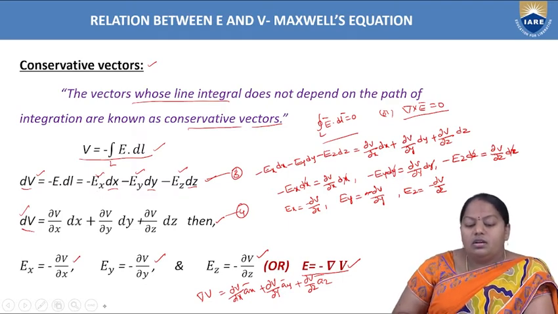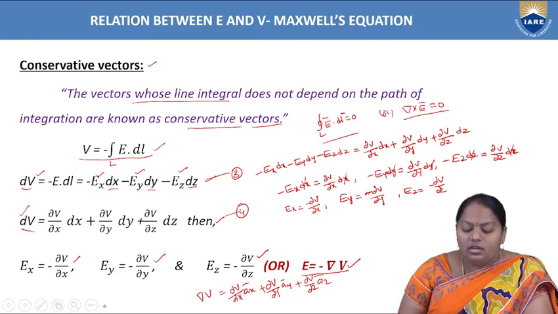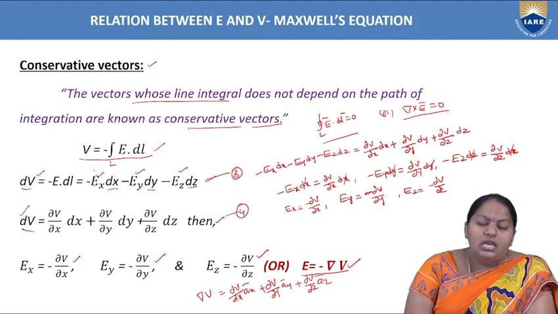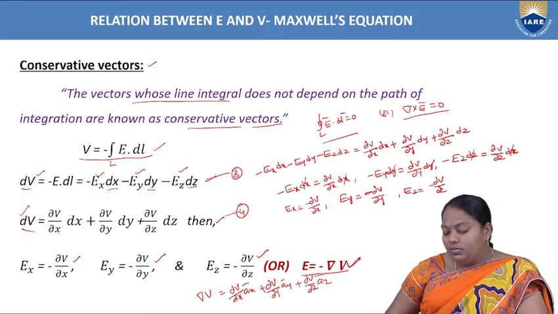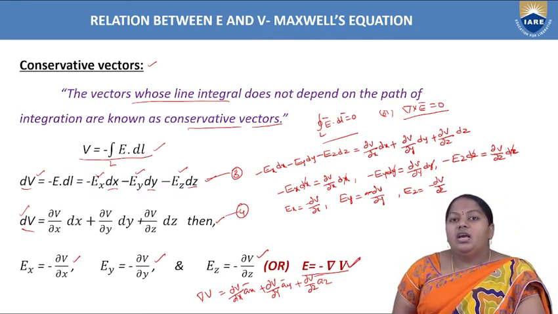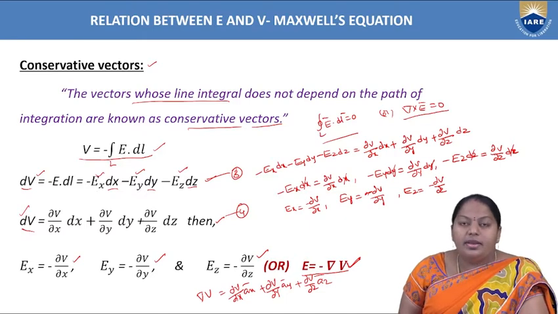So the relation between E and V yields the second Maxwell's equation for electrostatic fields, given by V equal to minus integral L E dot dl and E equal to minus del V. So from the electric field intensity and electric potential, we have got one relation as V equal to minus integral L E dot dl, and the point form or differential form of that equation is E equal to minus del V.